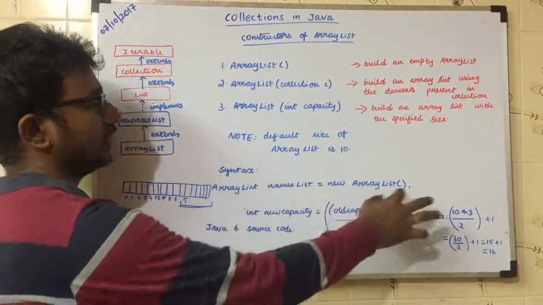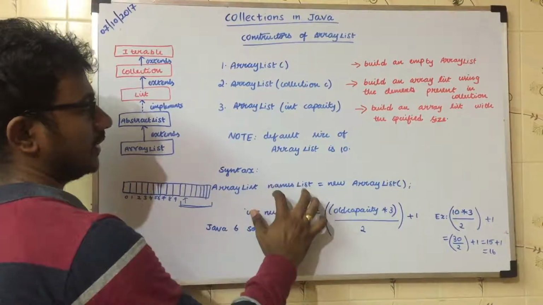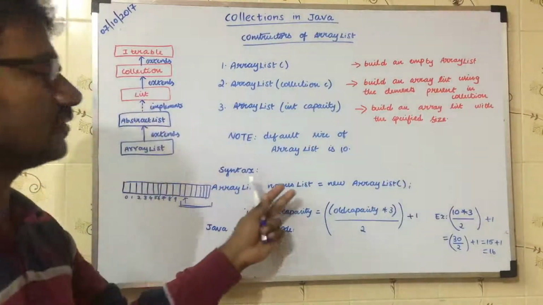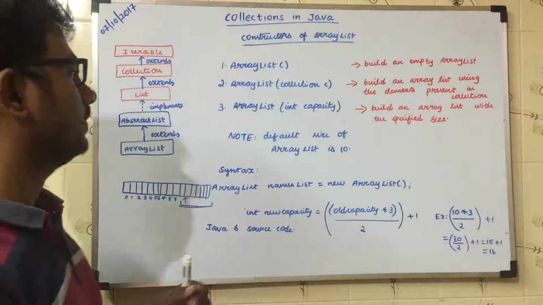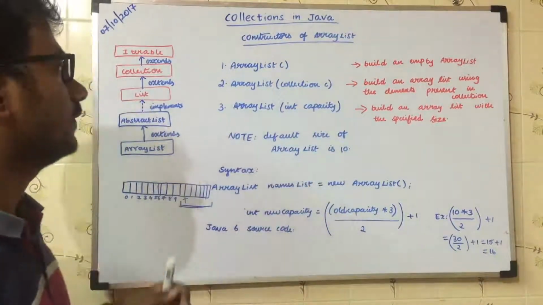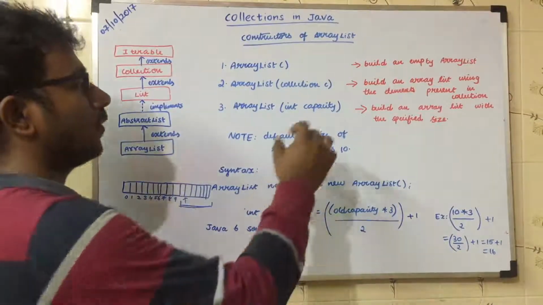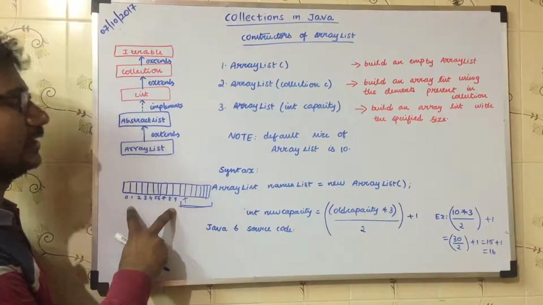This is the syntax for creating an empty ArrayList object: ArrayList class name, names list object, new keyword, ArrayList class name, and semicolon. So namesList is an object of the ArrayList. The reason for the capacity is, if you need 11 elements and you are not providing the capacity, then by default there will be 10 cells.